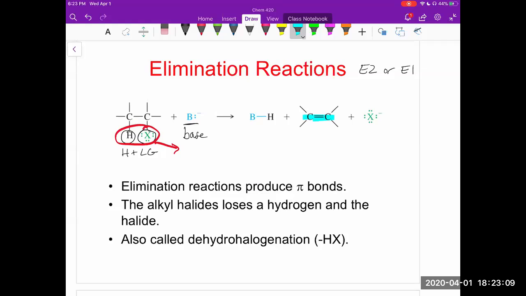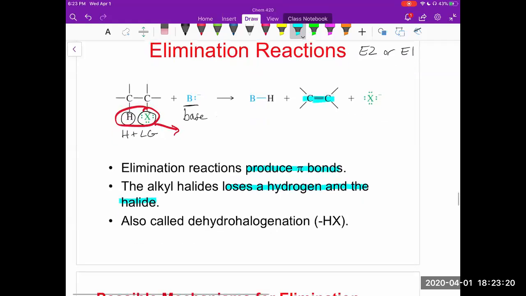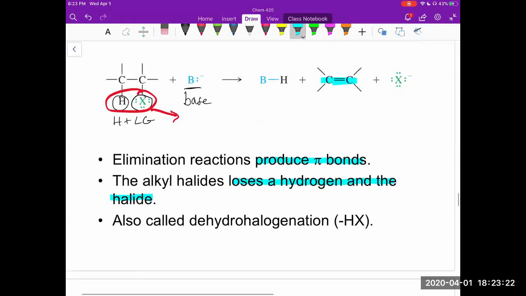So elimination reactions, no matter the mechanism, produce pi bonds. And we're losing a hydrogen and a halogen. Their name indicates that: the D means getting rid of hydrogen and halogen. So it's a dehydrohalogenation, which means you're losing HX.